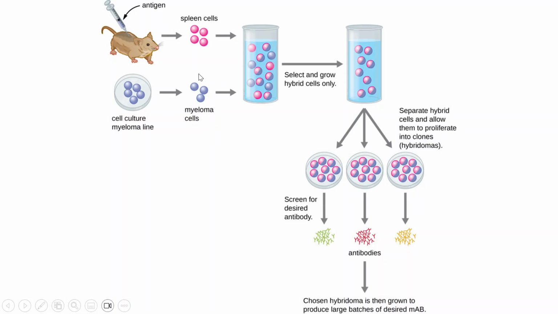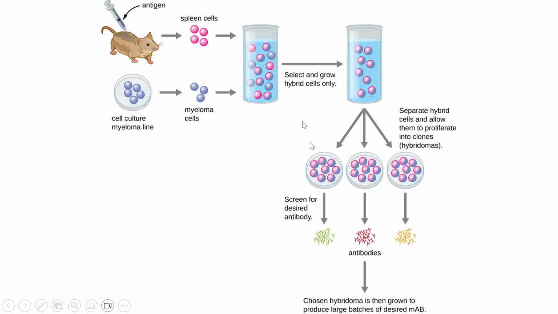Now these myeloma cells are a mutant which lack the ability to synthesize their own DNA. So when we are doing fusion and selection, only the fused cells can survive.